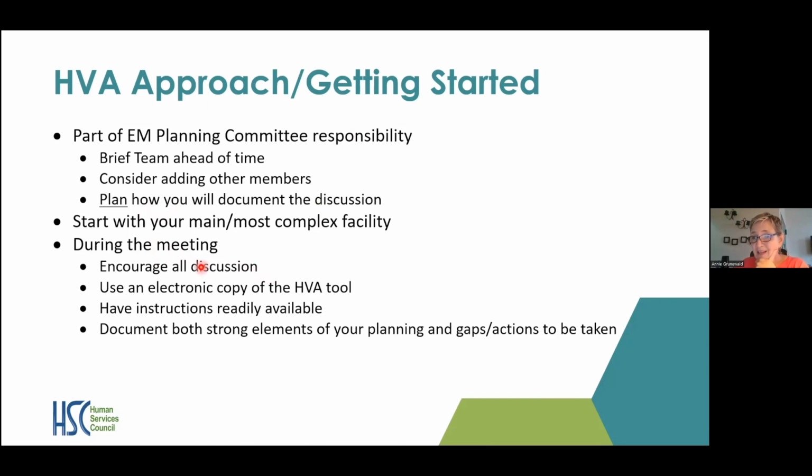And then during the discussion, I mean, just good meeting etiquette, right? Encourage discussion from everyone. Use an electronic copy. If you're doing it online, certainly we're all used to projecting a screen and somebody filling in the tool. Have instructions available so people aren't scrambling. And document both the strong elements of your planning and your gaps and the actions you want to take, because anytime you have an opportunity to congratulate everybody on how well you're doing, that is great.